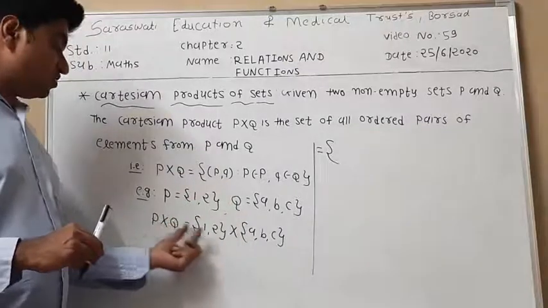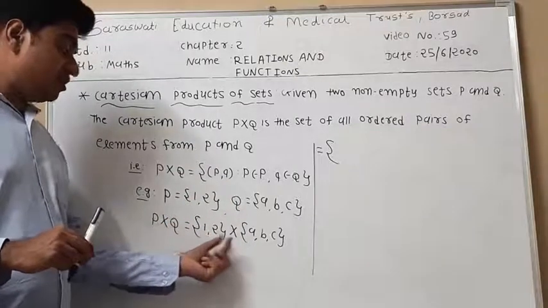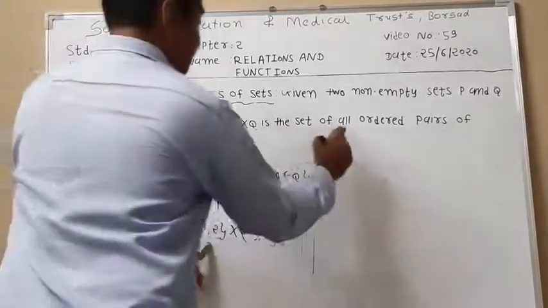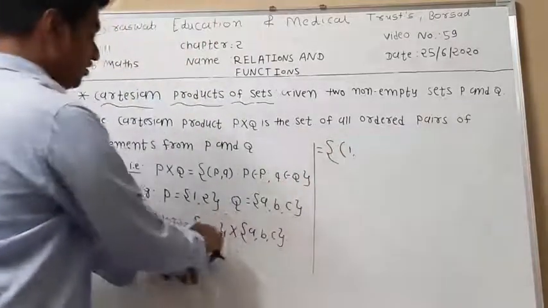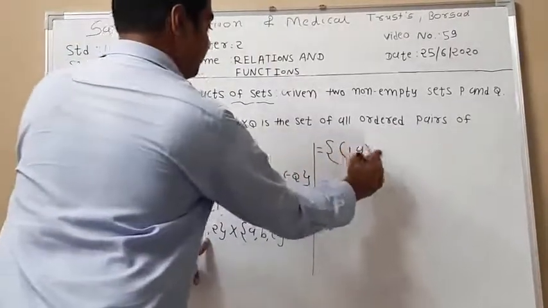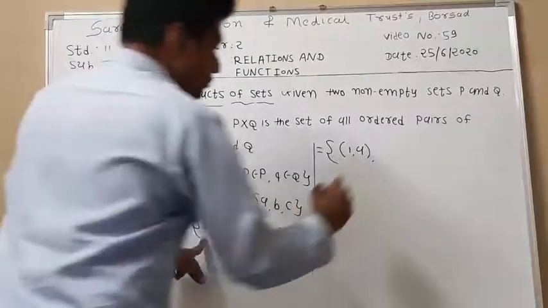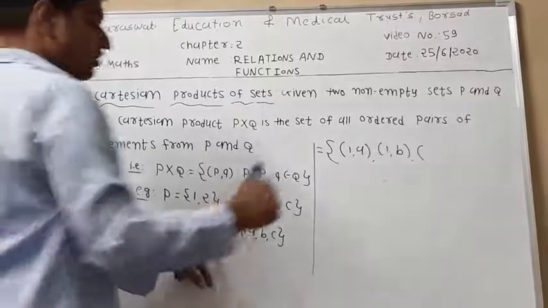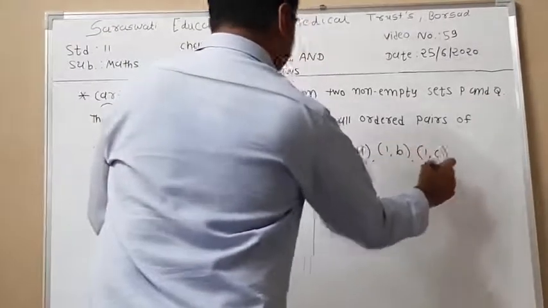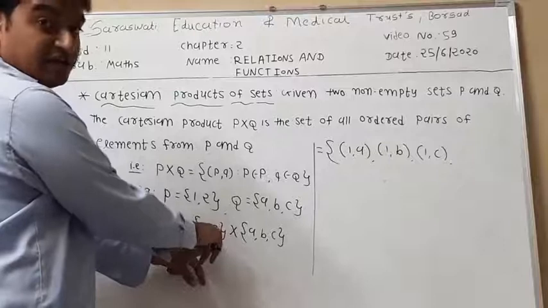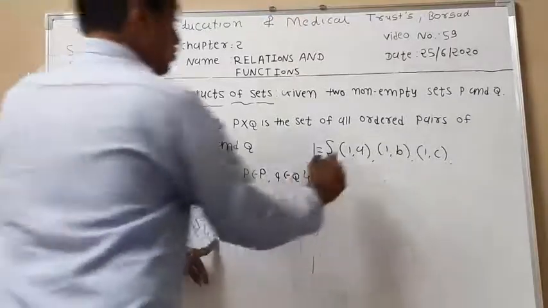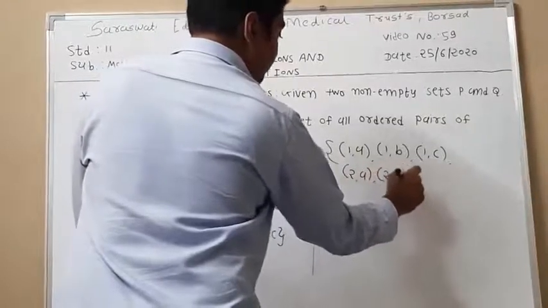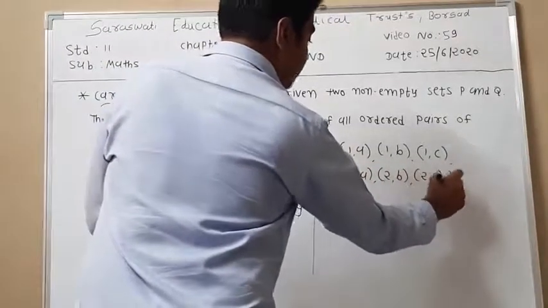The first position is the element of P and the second position is the element of Q. So we write (1, a), (1, b), (1, c). In the same way, for the second element 2, we get (2, a), (2, b), (2, c), set over.